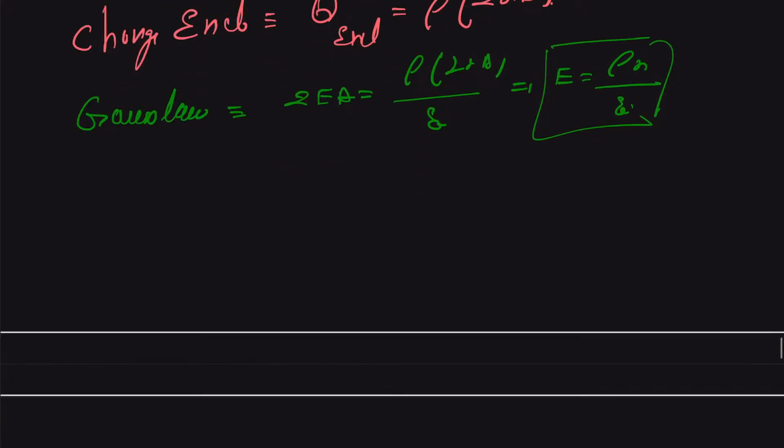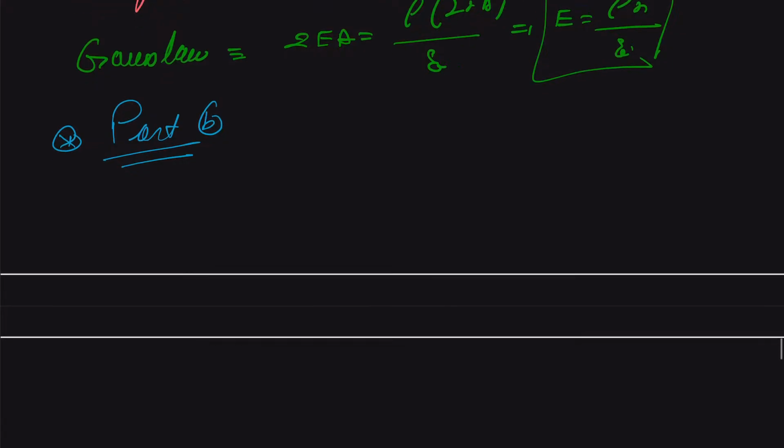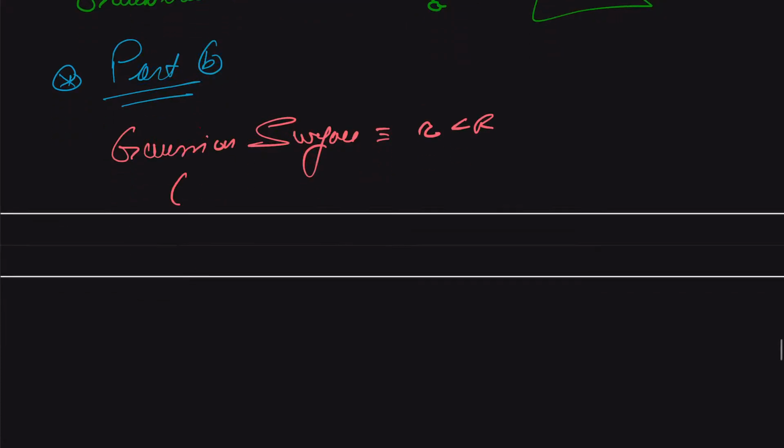Then we come to part B, that is our infinite cylinder. So here we consider a Gaussian surface, and this Gaussian surface has a radius which is less than R, and this Gaussian surface is also cylindrical.